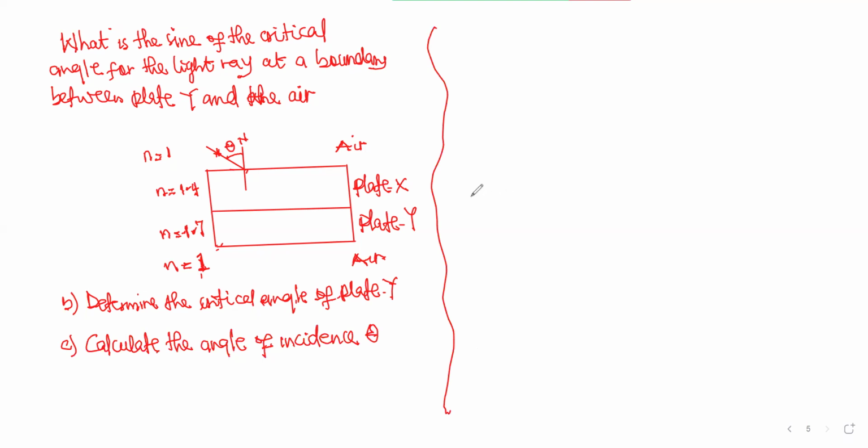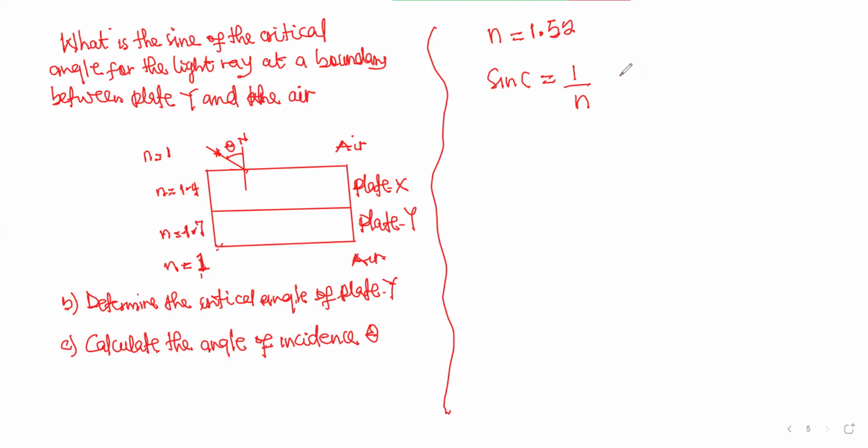So the first question, we know that once the absolute refractive index of crown glass is 1.52, then sine C is equal to 1 over the absolute refractive index of crown glass.